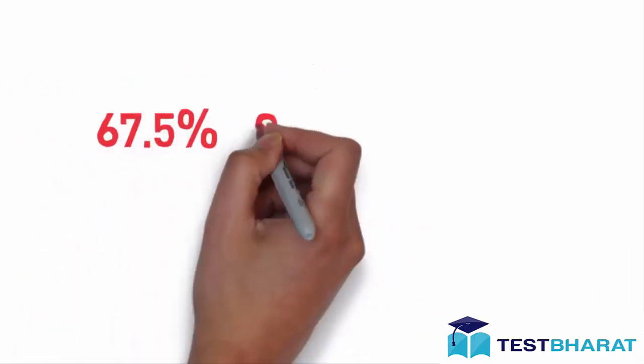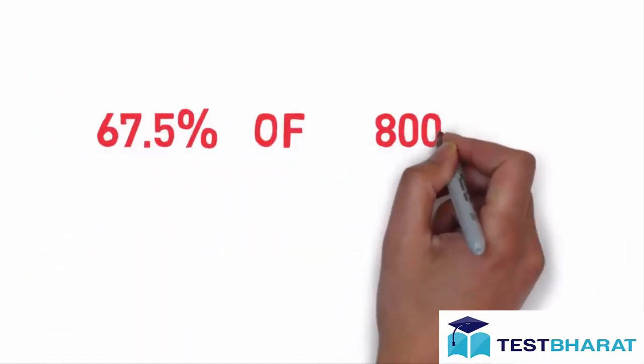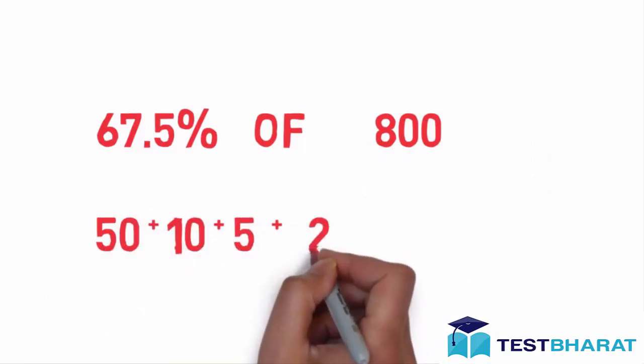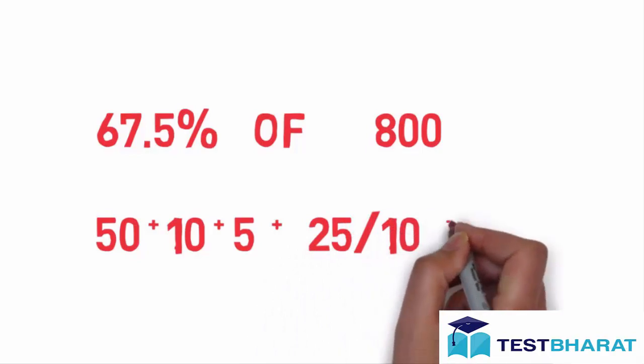Calculate 67.5% of 800. Now you can break it up as 50 plus 10 plus 5 plus 25 by 10, because you can calculate the 25% by just dividing the number by 4, and then you can just divide it by 10, and dividing by 10 is relatively very easy.